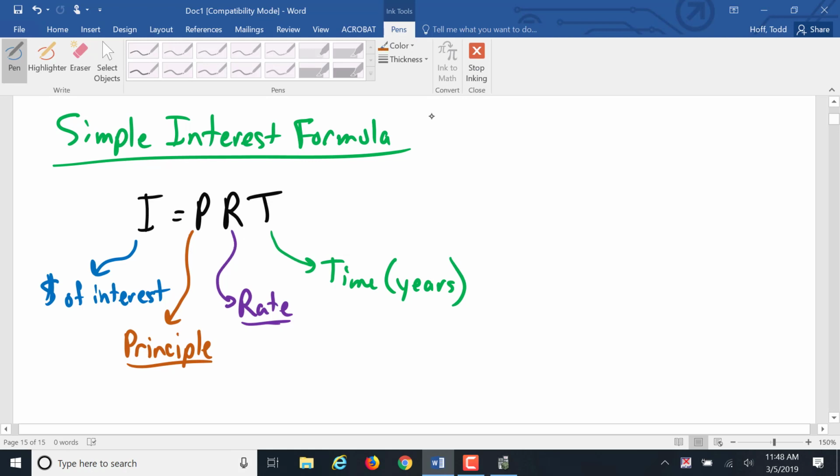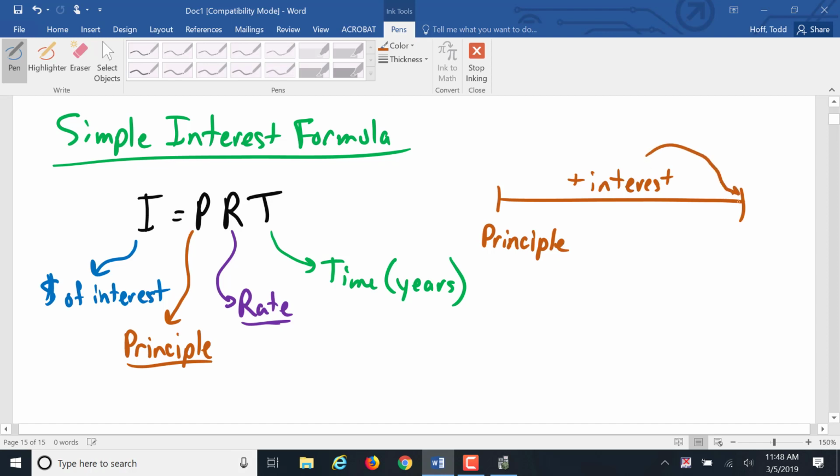Now, there's another term that gets put into this. If I look at this as a timeline, that principal, as we said, is the amount at the beginning of the investment or the loan. During the loan, interest is added in only at the very end, at the end of the term.